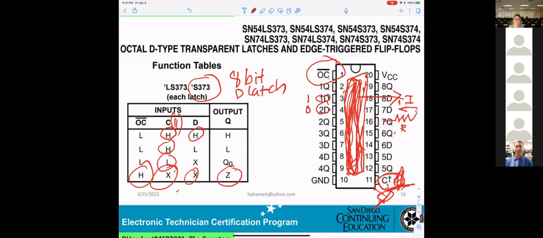Otherwise, they will be loading the current. So that's why you can see inside the system, they get too many types of flip-flop, but they must get the output control. The thing is, in the computer, on the data bus, you get 16 wires, for example. Address, you can get 32 wires.